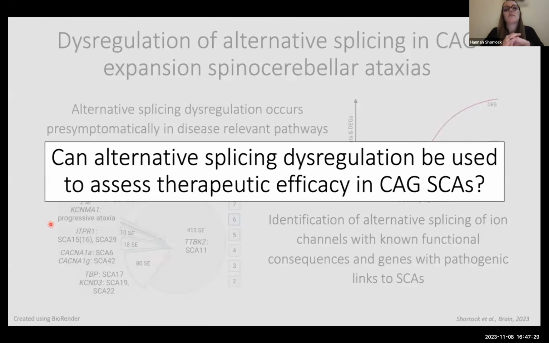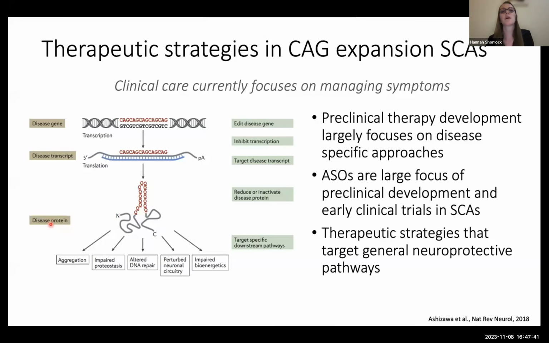So now that we've identified that alternative splicing is a transcriptomic hallmark of these diseases, we're really interested to understand whether it can be used to assess therapeutic efficacy in CAG scars. And when we think about therapeutic strategies in these diseases, clinical care does currently focus on managing symptoms, and preclinical therapy development largely focuses on disease-specific approaches.